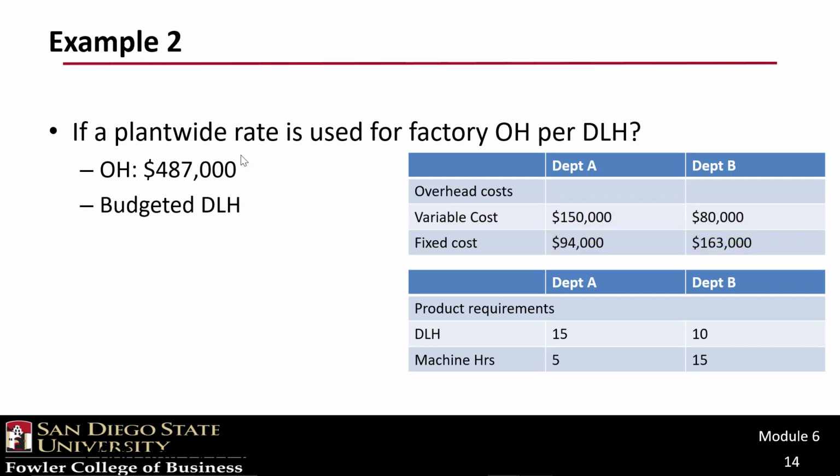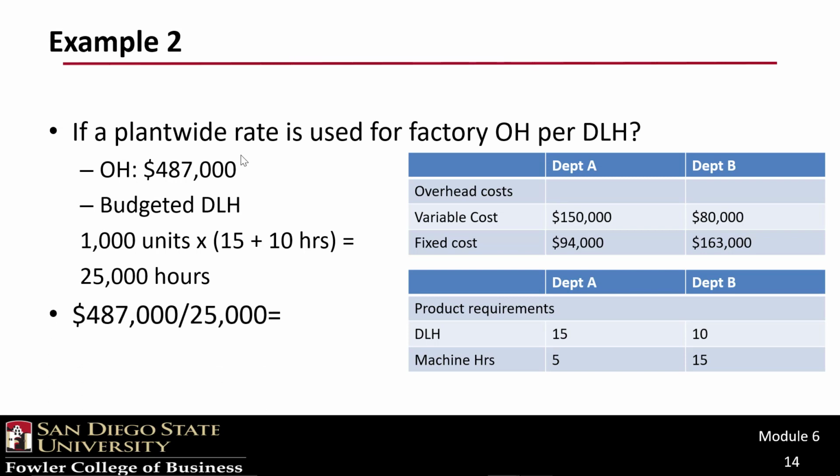So that's the 1,000 units we expect to build, times the 15 direct labor hours in A plus the 10 direct labor hours in B. That gives us 25,000 hours total. And using that information, we can simply calculate our rate per direct labor hour: $19.48.